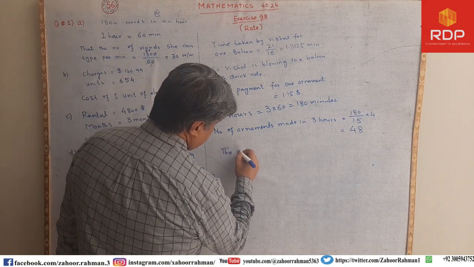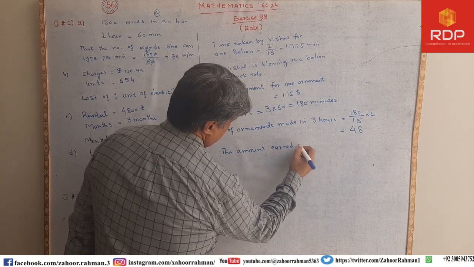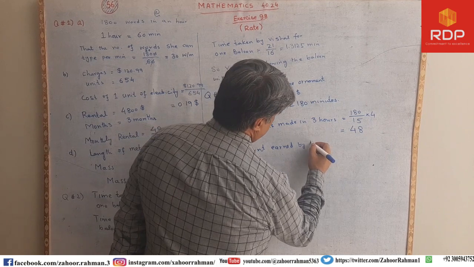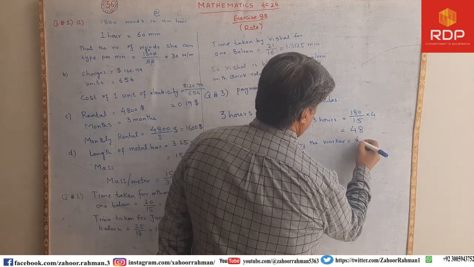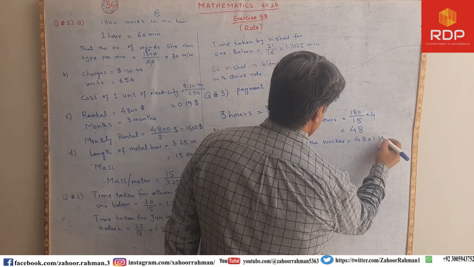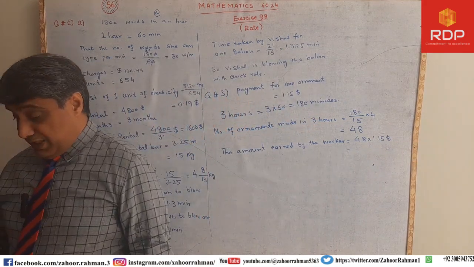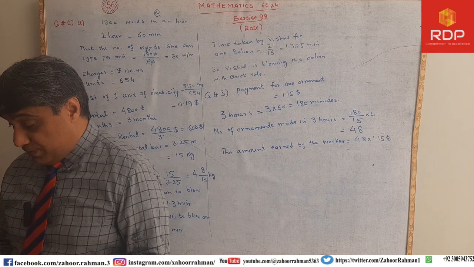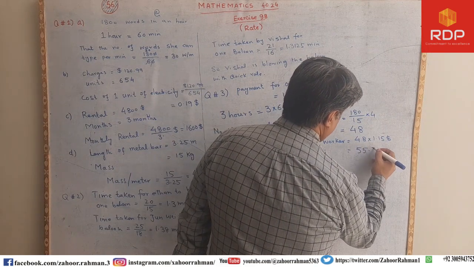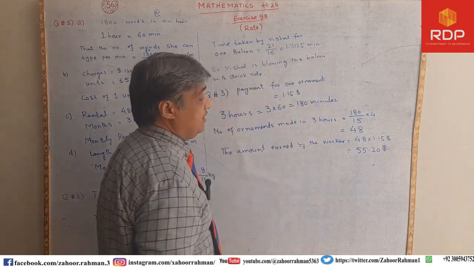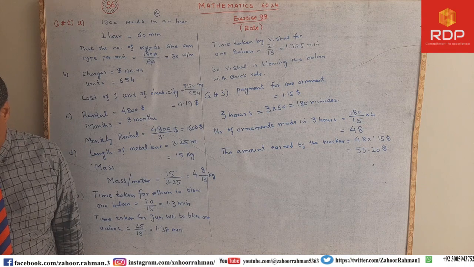So the amount earned by the worker is equal to 48 multiplied by $1.15. So here it is calculated and that is $55.20. $55.20 is the ultimate answer of this question.